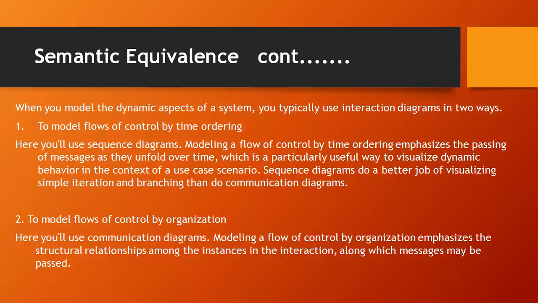Sequence diagrams do a better job of visualizing simple iterations and branching than communication diagrams. However, we will also use communication diagrams. Modeling a flow of control by organization emphasizes the structural relationships among the instances in the interaction, along with the messages that may be passed.